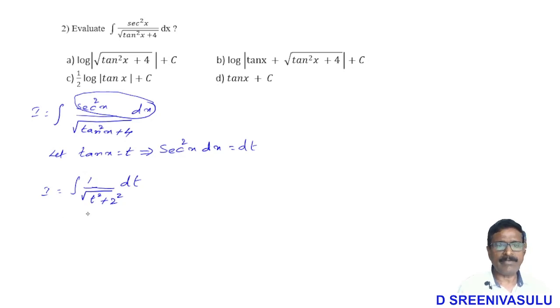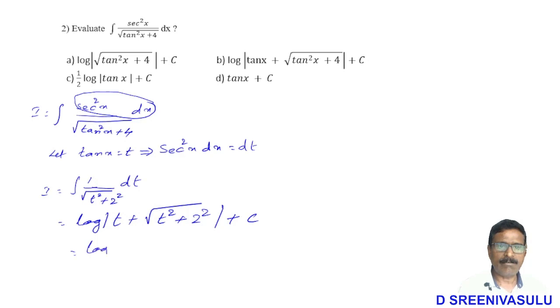We know the formula: the integral of 1 by root x square plus a square is log mod x plus root x square plus a square, plus c. This is equal to log mod t plus root t square plus 2 square, plus c. Now substitute t equal to tan x.